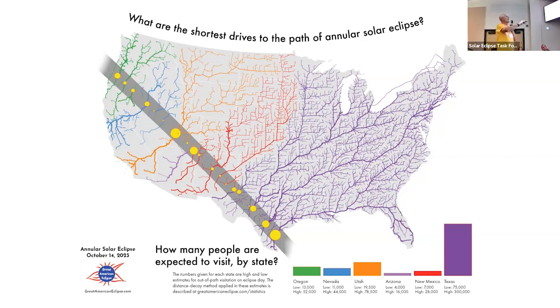Utah gets a lot of the upper states, but there's not so much population there except for Salt Lake City. But it's really Southern California that is the driver for the visitation there. So those are my numbers, and I'm sticking to them.